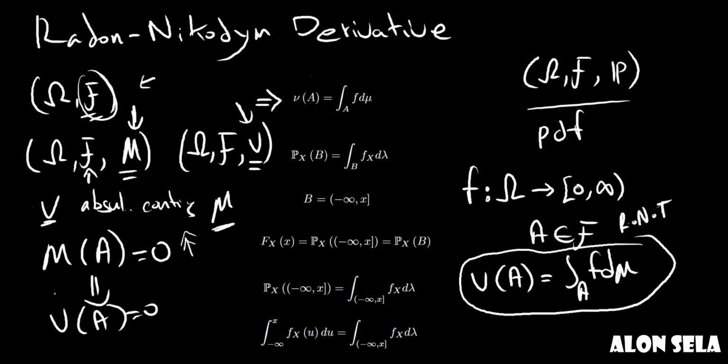Okay, so let's repeat it. We said that we have a measurable space, and we have two different measures on it, the measure mu and the measure nu.